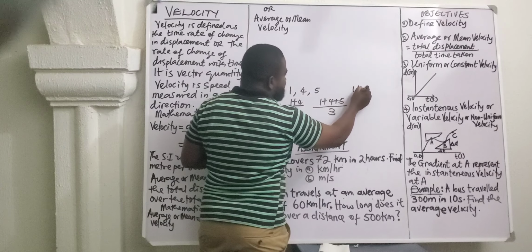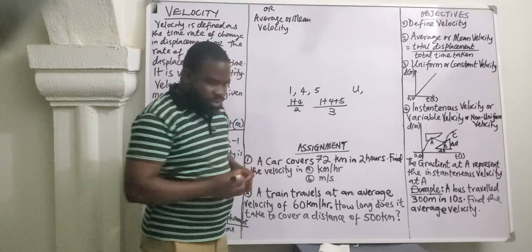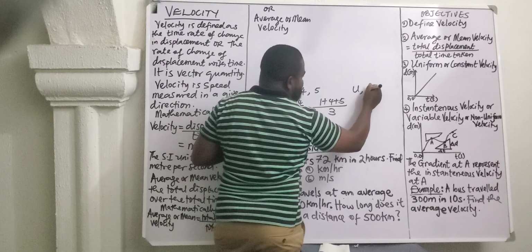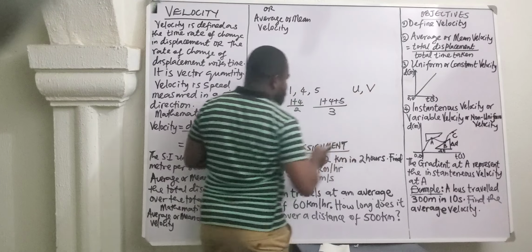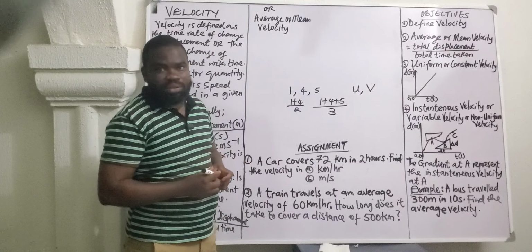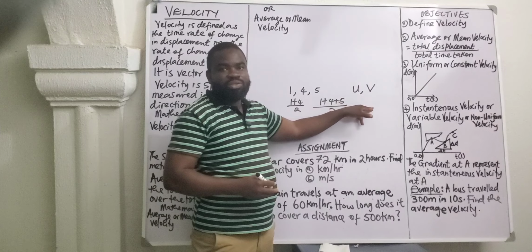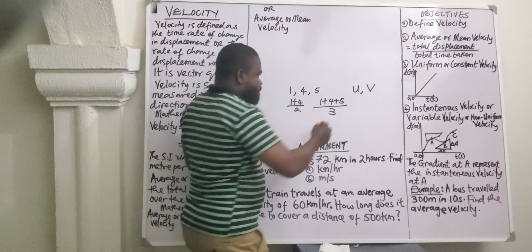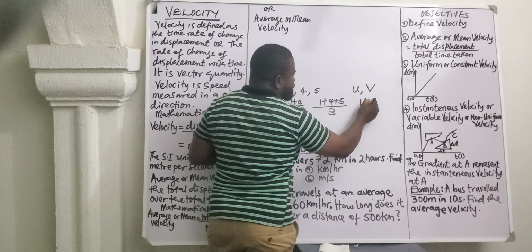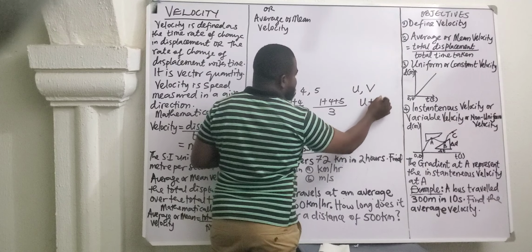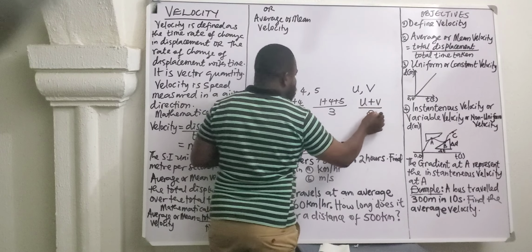Now, let me apply it here, which means if I have two velocities, the initial velocity of the body, u, and the final velocity of the body, v, then if I'm looking for the average velocity of this body, I will say the initial velocity u plus the final velocity v, and divide it by what? 2.